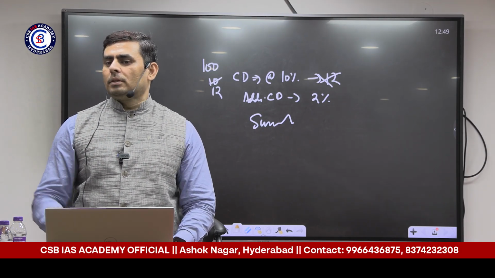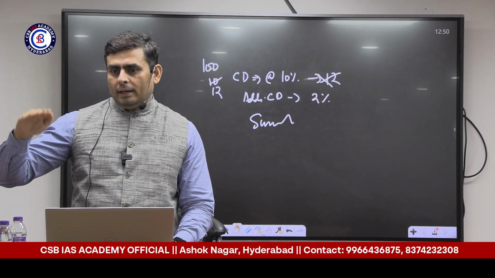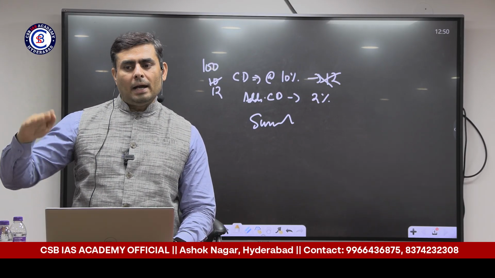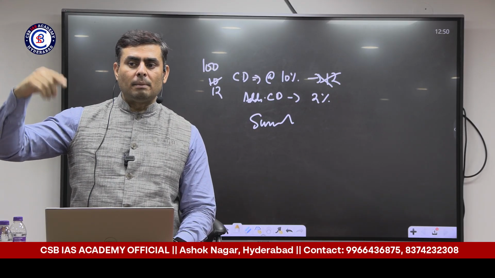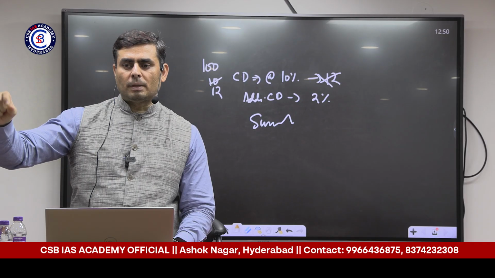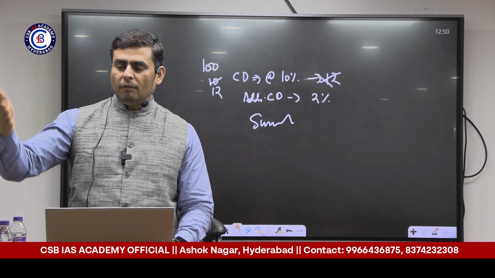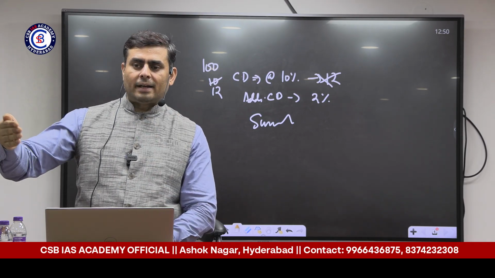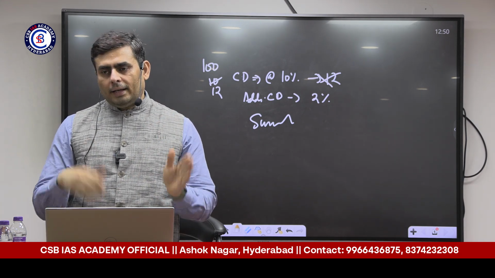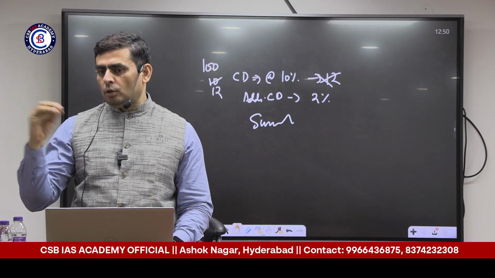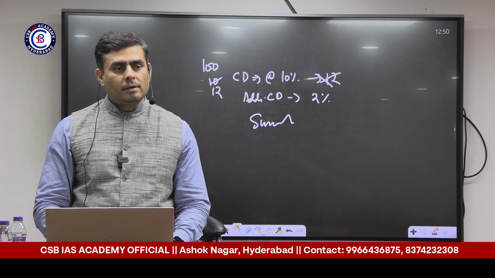So sometimes Delhi is going to have a lower VAT and UP the higher VAT. If UP has the higher VAT, you have to pay more money for the same amount of petrol in UP. And if there is less tax in UP and more tax in Delhi, then you have to pay less in UP and more in Delhi.